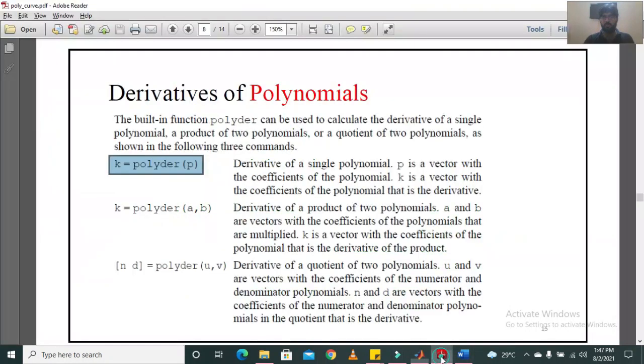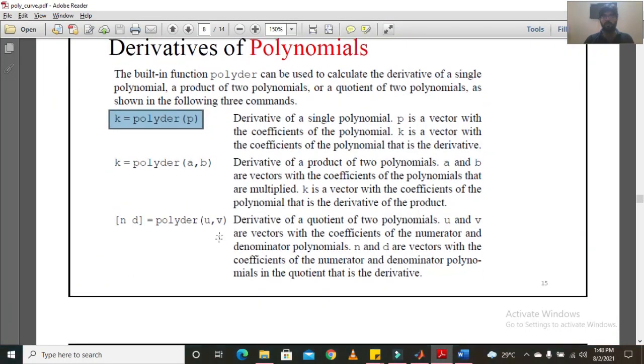the thing to remember here is, when I'm talking about a multiplication, I will define only one variable as an output argument. But when I want to calculate the derivative of u upon v, then I will have to define two output arguments. The first output argument will store the coefficients of the polynomial of your numerator, and the second one will store the coefficients for the polynomial of the denominator.